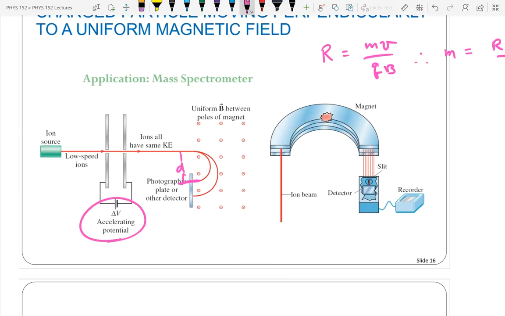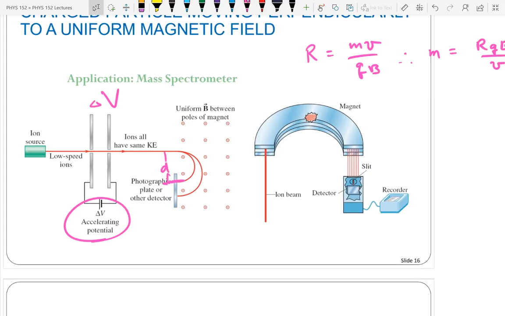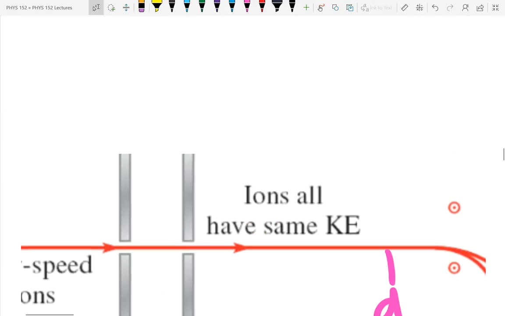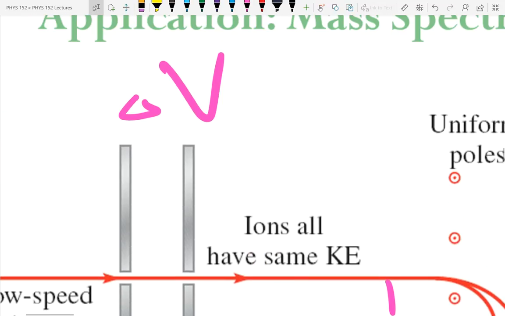If we made it go through a potential difference of delta V, how fast is it going to be traveling? How can I find how fast it's going to be traveling after going through that potential difference? What's the name of the relation we start with?